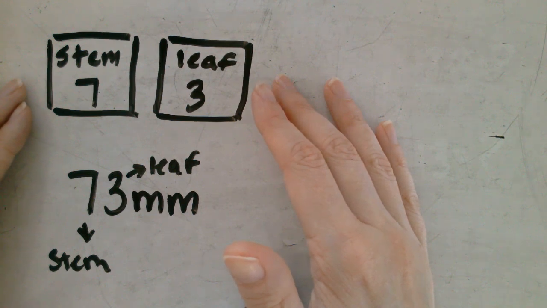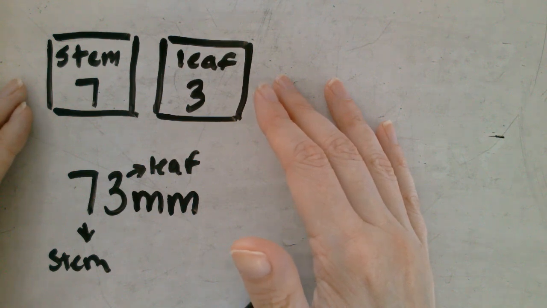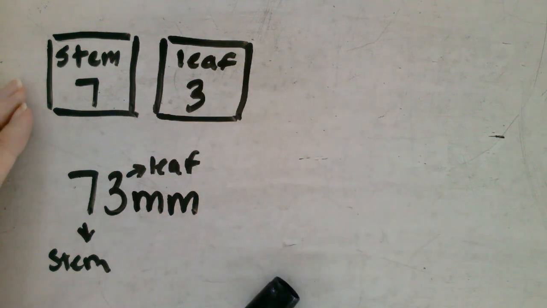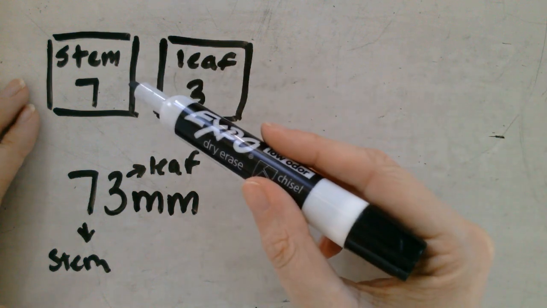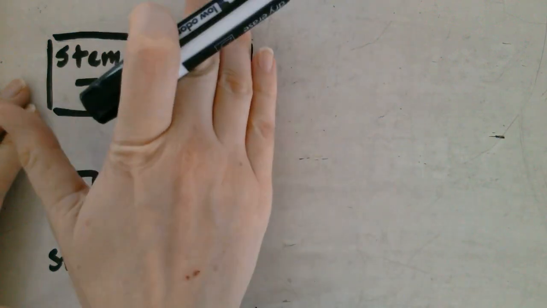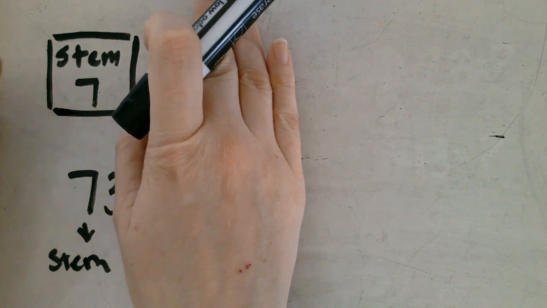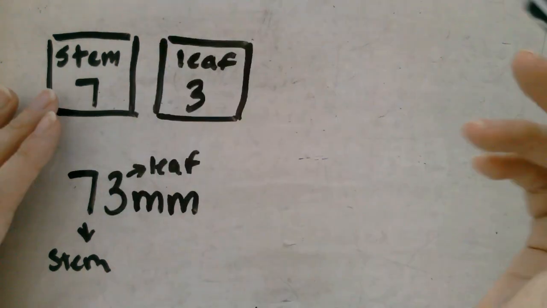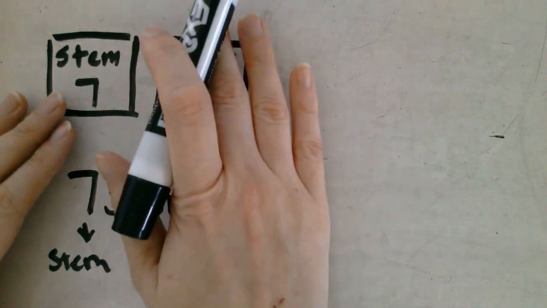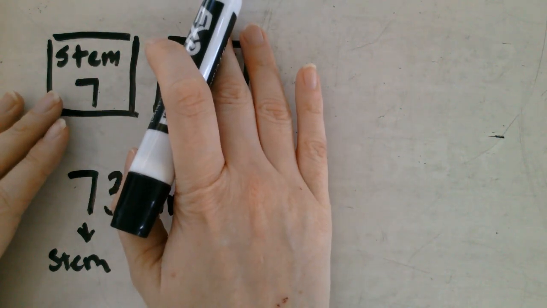Your teacher is going to give you a certain spot in the room to go based on your stem number. For instance, all the people who have 7 on their stems would go to one area. All the people who have 6s would go to another area, so on and so forth.